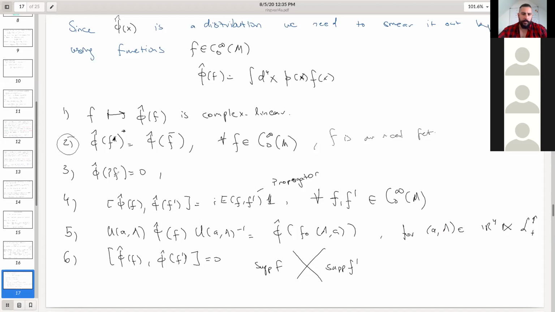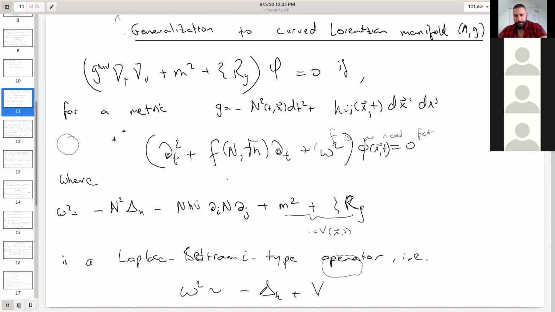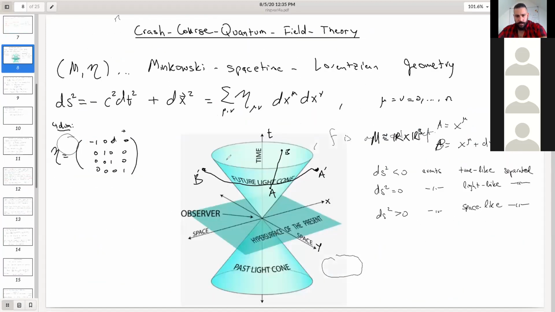Furthermore, it fulfills the Klein-Gordon equation. So this P here is the Klein-Gordon operator. And maybe the most important property is this: remember this cone. If I do a measurement here, and if I do a measurement here, they are not allowed to interact or interfere with each other.